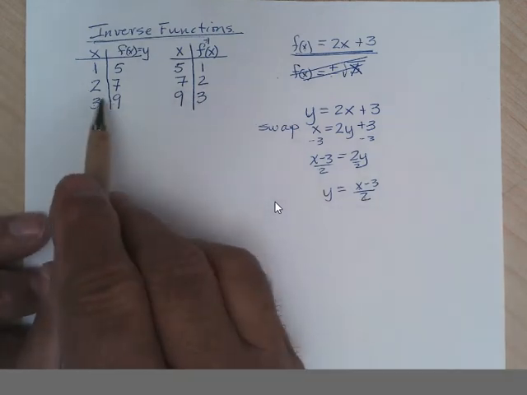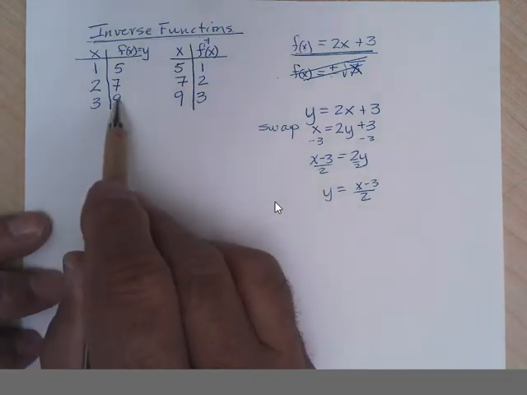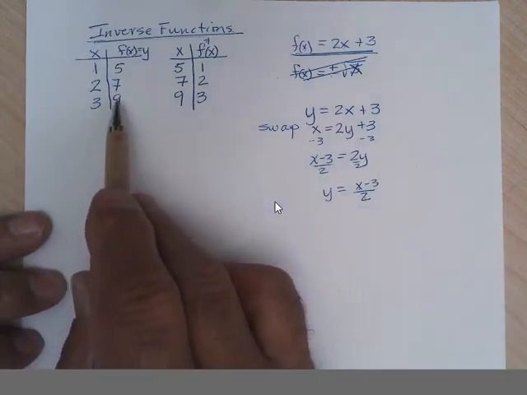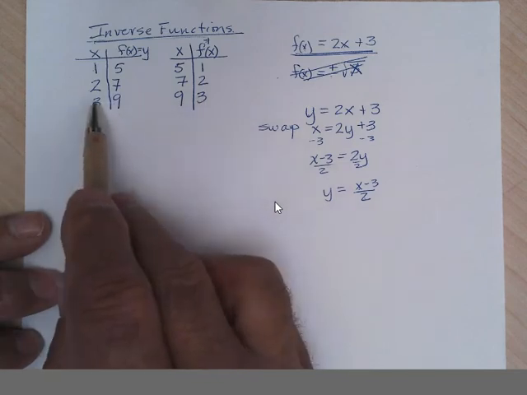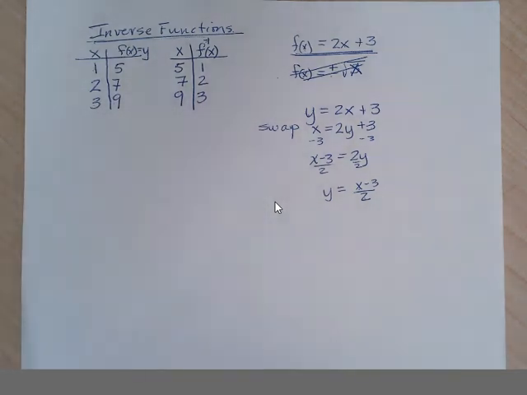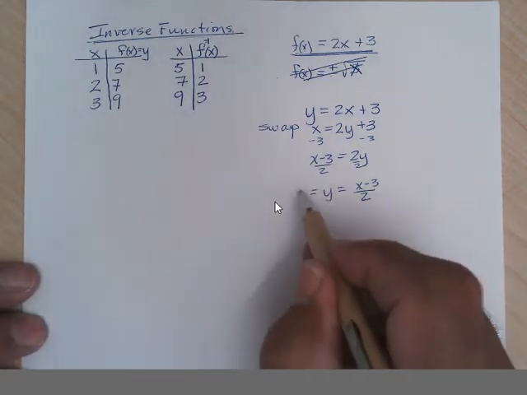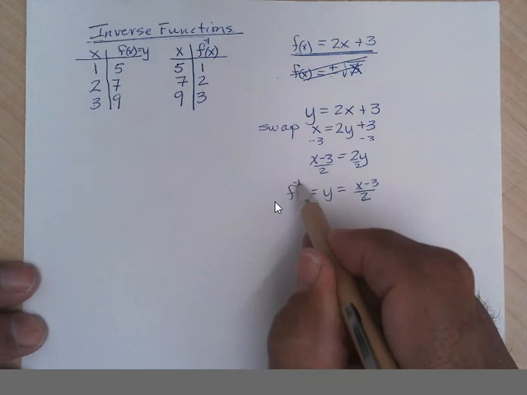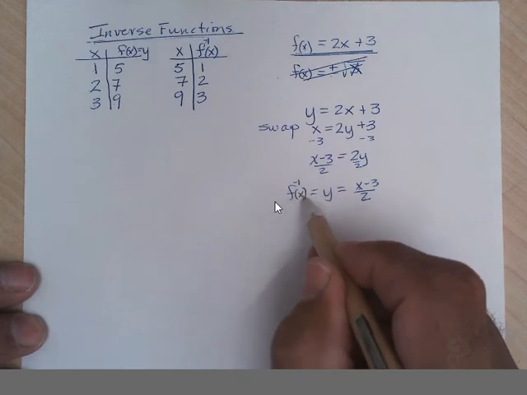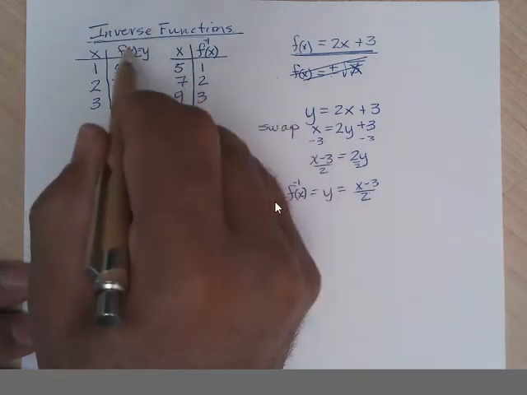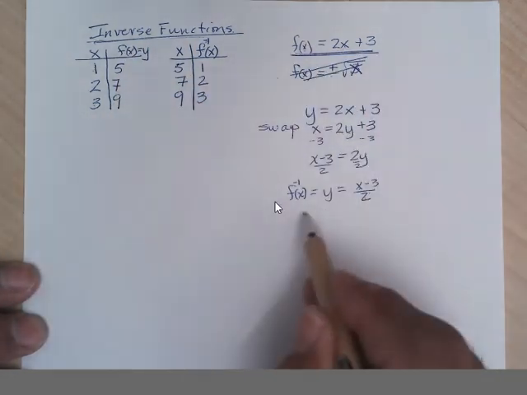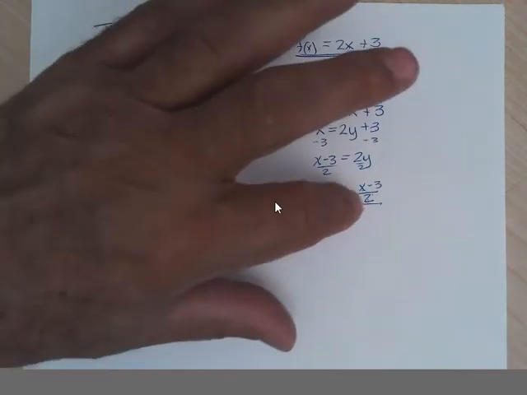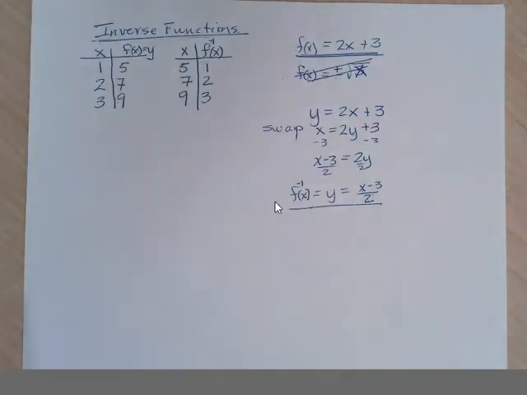So it's taking what was the output of the original function and taking it back to the input of the original function. So this would be called the f inverse of x. This undoes what this f did. So that's the inverse of that. And it is a function.